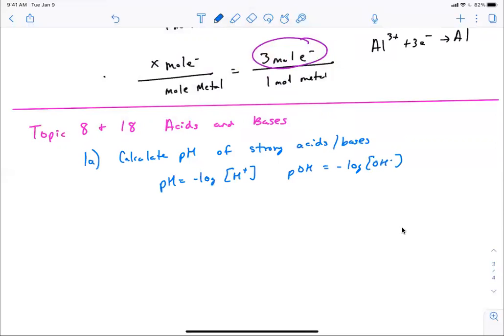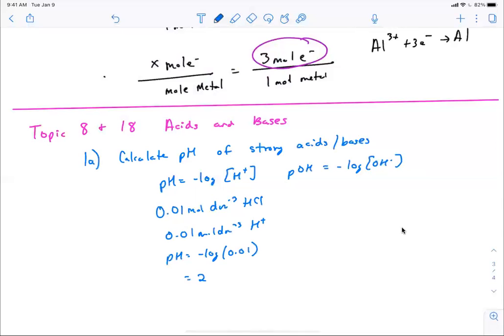It's proportional to the molarity of the acid or base that you have. So if you have 0.01 molar HCl, that means you have 0.01 molar of H plus. Therefore the pH is equal to negative log of 0.01, which is 2.